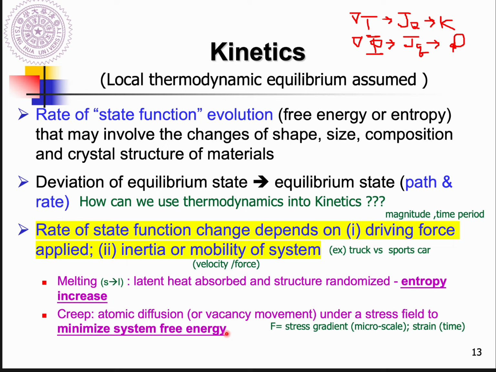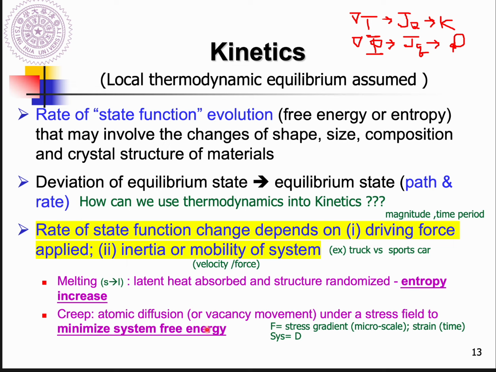And what's the inertia of the system here? It turns out the stress field drives the mass transport. So every material has a mass transport velocity, which is material related, and I would say it is the diffusivity of the system. And the result, the purpose here definitely is to minimize the system free energy, okay?